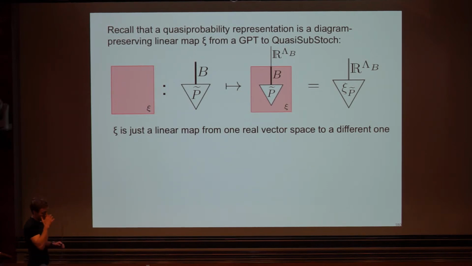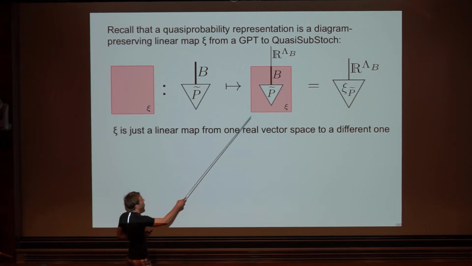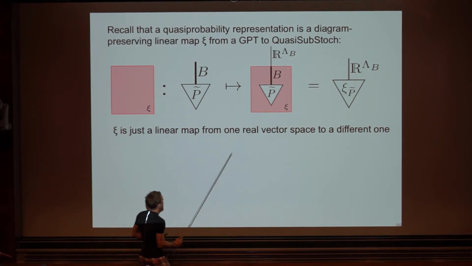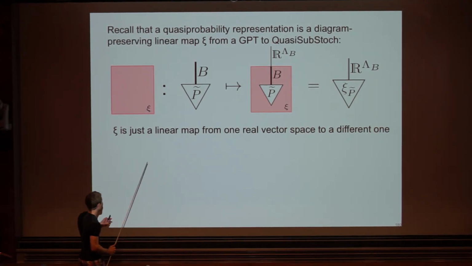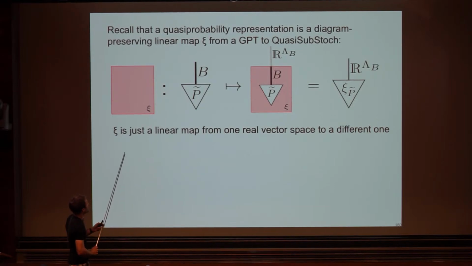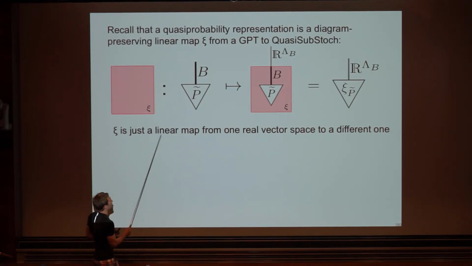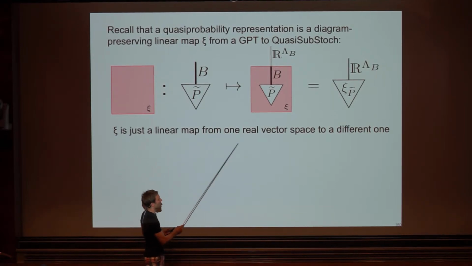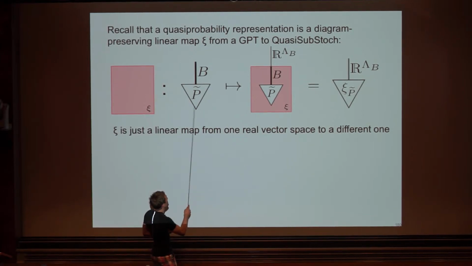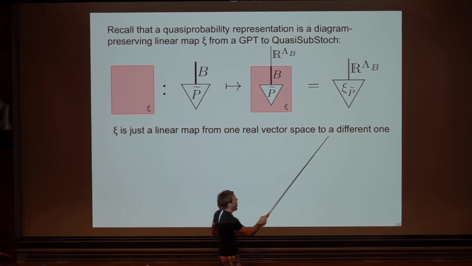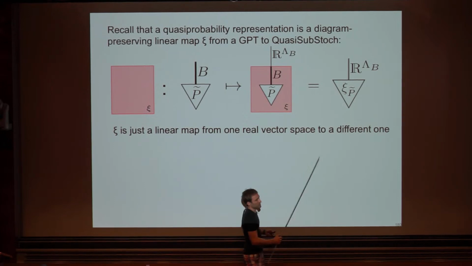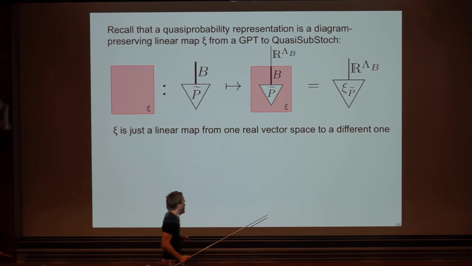The reason I'm being so slow and pedantic here, and also the reason why I chose this particular formalization of what a system is in quasi-substock, is because now we can see that what this map does ultimately is just a linear map from one real vector space, the one where the GPT states live, to another real vector space, the one where these response functions and epistemic states live.